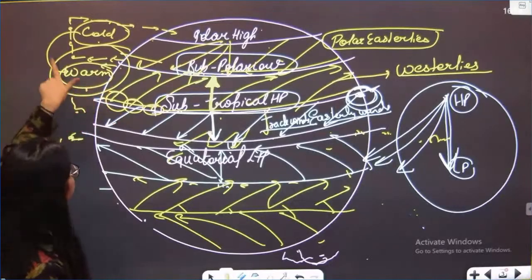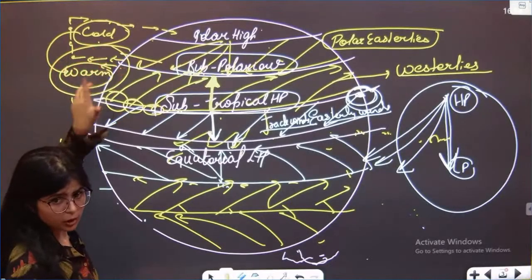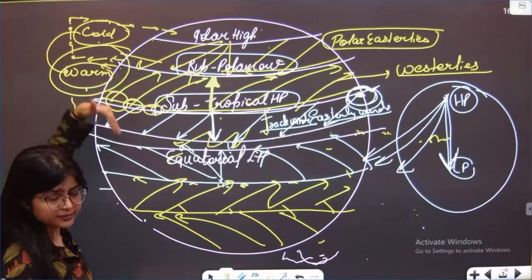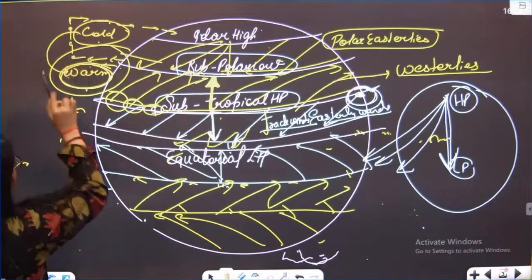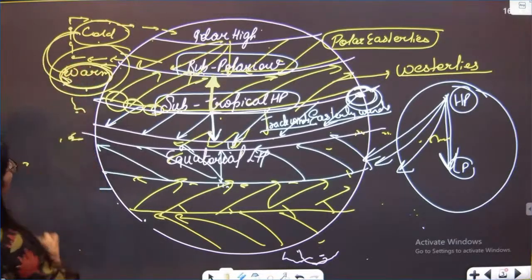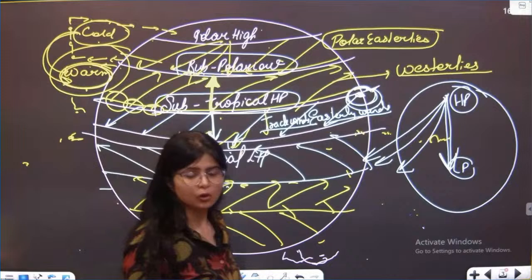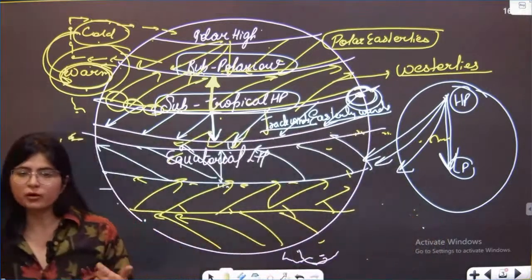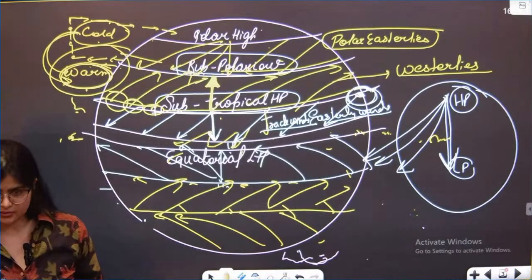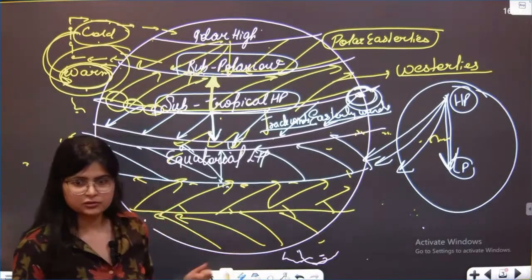When they are ascending, that becomes warm. Always remember, ascending means warm, descending means cold. So this warm air, the wind blows from cold to warm, right? So what is this? There will be a formation of jet streams, right?